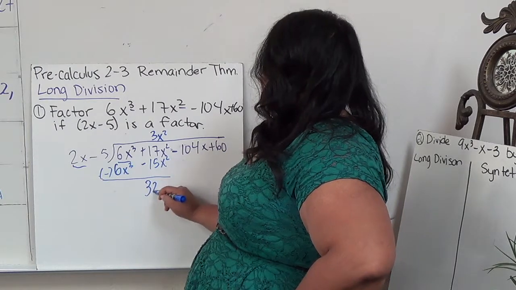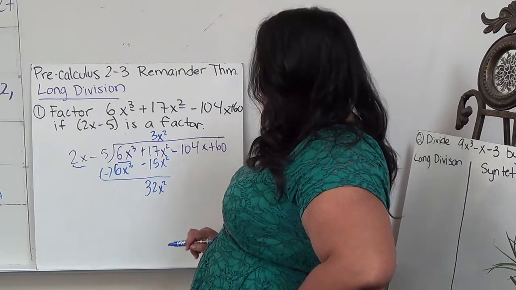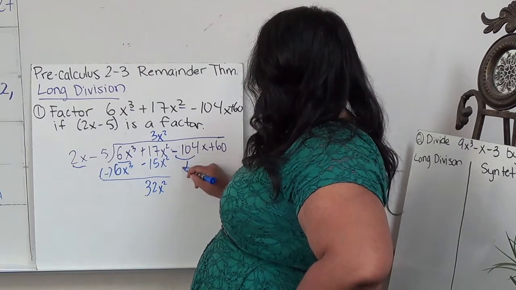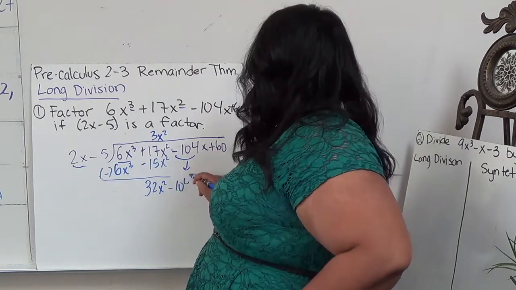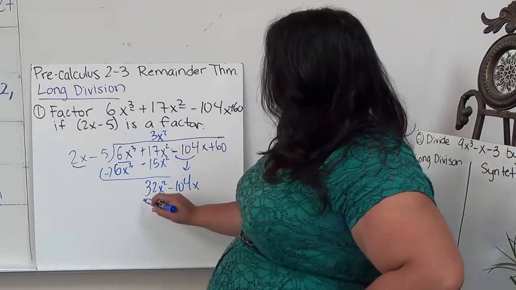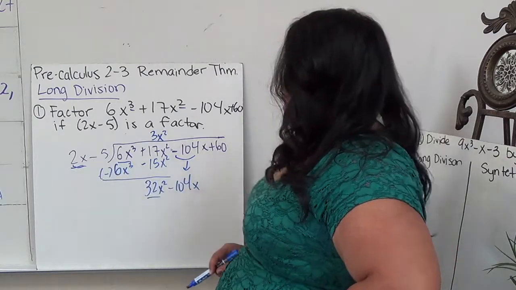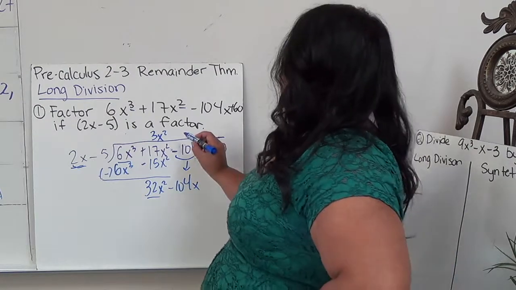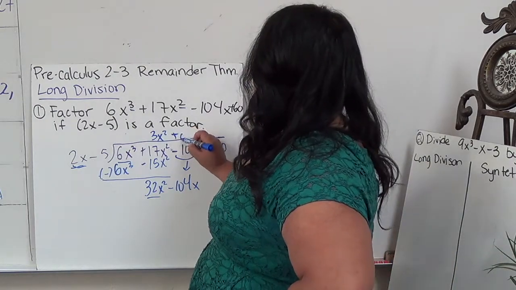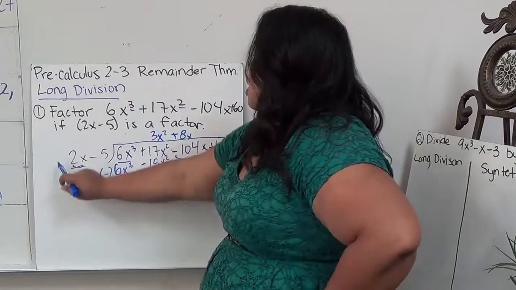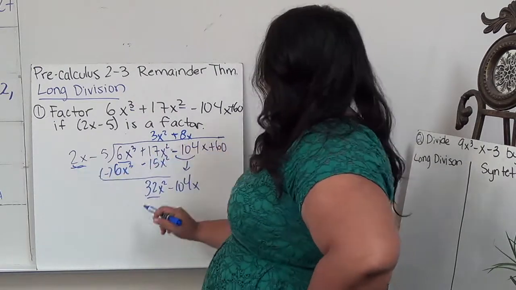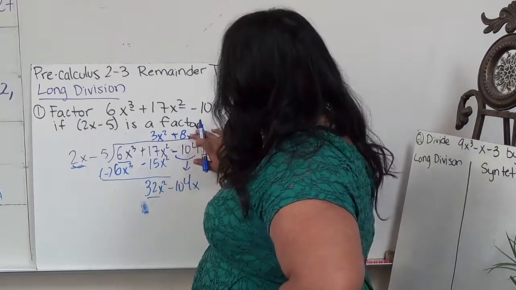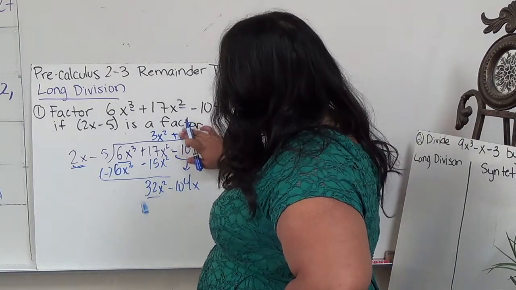32x squared. And then I bring down the negative 104x. So then I'm going to manipulate from here to here. This is 8x, right? So 8x times 2x gives me, no, sorry, it's not 8, it's 16x.